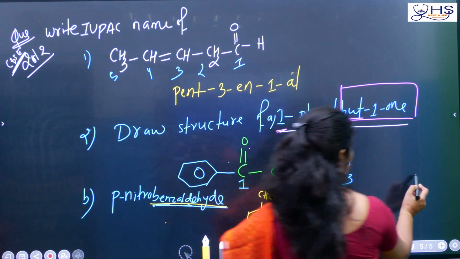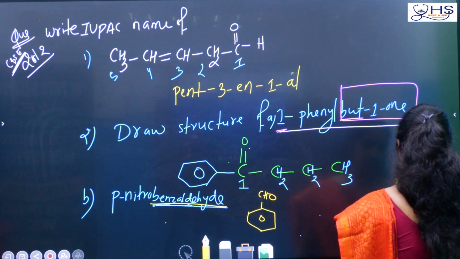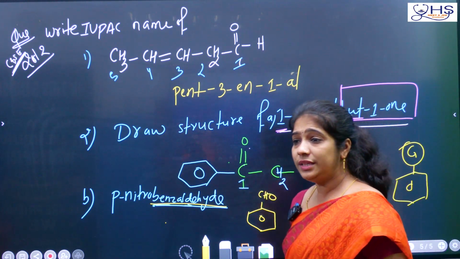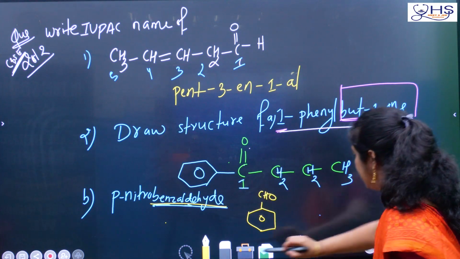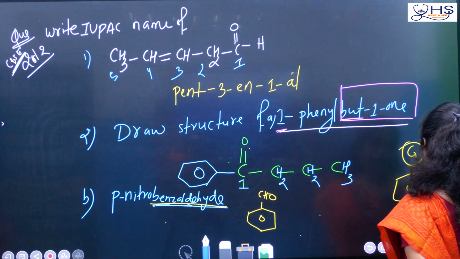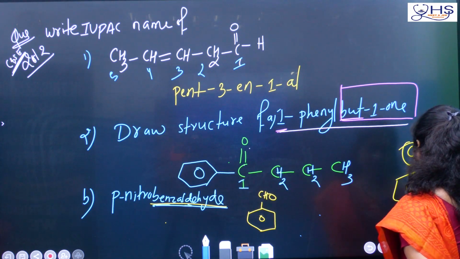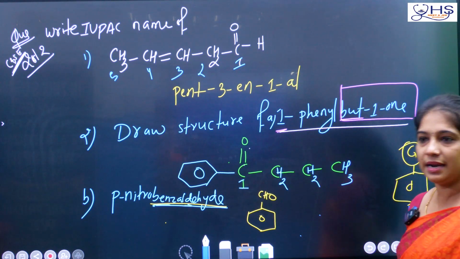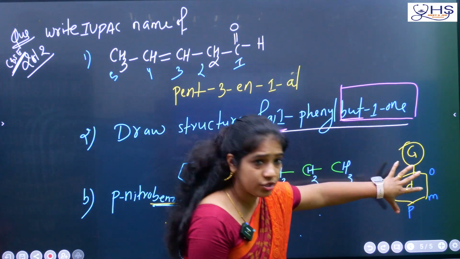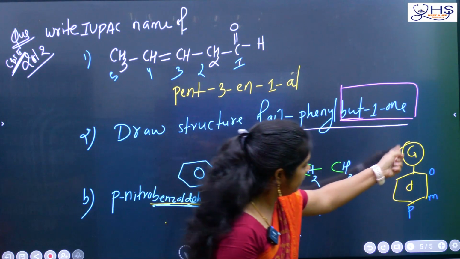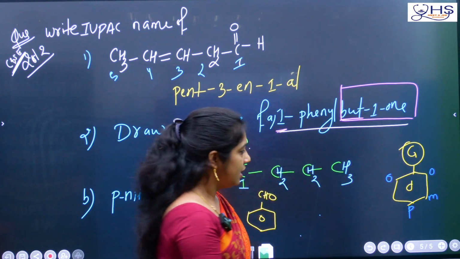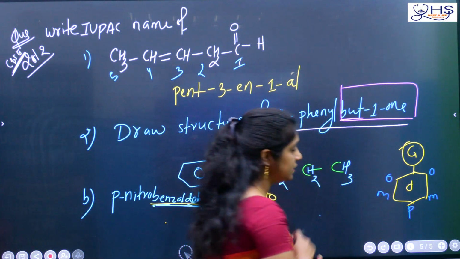Para-nitro. Now, already you know what is ortho-meta-para position. For example, I have any group on the benzene ring. With respect to that group, the immediate position is ortho. The next position is meta. Next is para. Remember it as Om Prakash. After the ortho position, the next position is meta.